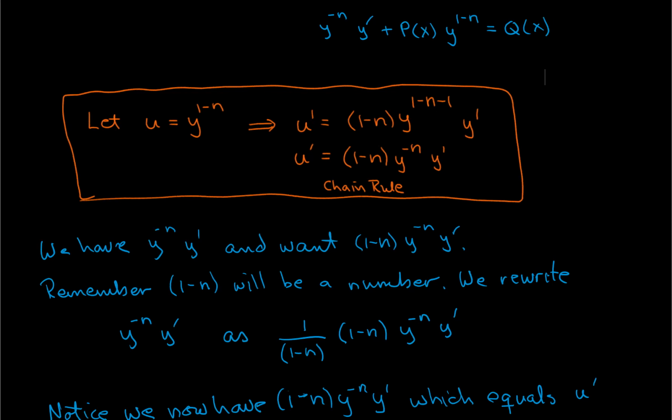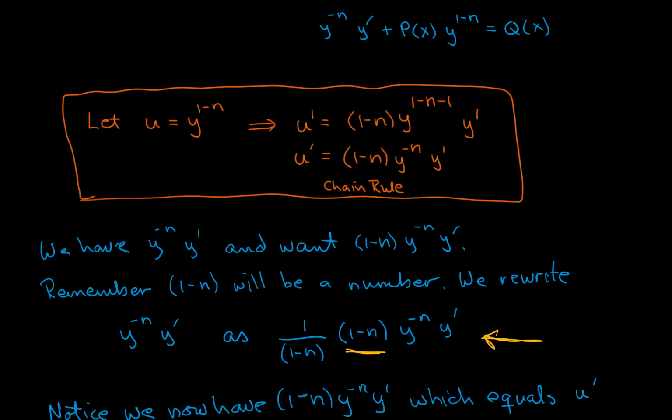I can take my y to the negative n y prime and rewrite that as something like this. I know I want a coefficient of 1 minus n included, so I offset that by multiplying as well by the reciprocal, 1 over 1 minus n. And remember this, 1 minus n is going to be a number like negative 2 or negative 4.